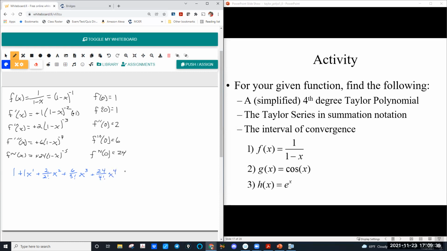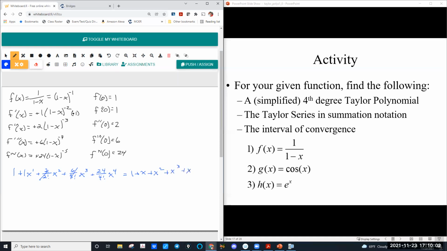Now, we're going to simplify this as much as possible to see what this looks like. So we have 1 plus x, and then 2 over 2 factorial, that's just 1, those cancel. So plus x squared, 3 over 3 factorial, well, those cancel, 3 factorial is 6, so it's just x cubed.